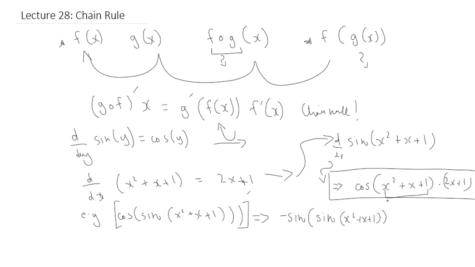Now, if you think about it, the inner functions consist of two different functions. In the inner function, I'm going to take care of sine first. So I differentiate sine and get a cosine, but I don't really care what's in the middle, so it's going to give me x squared plus x plus 1. Now's the time to think about the function that's deepest inside.